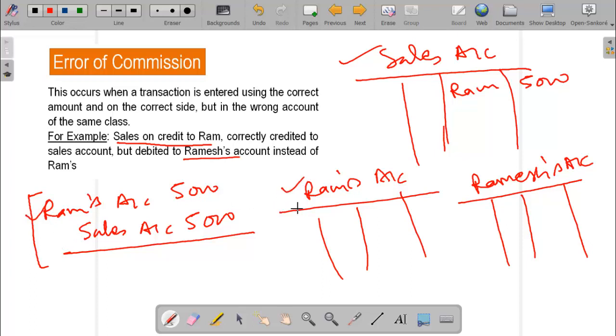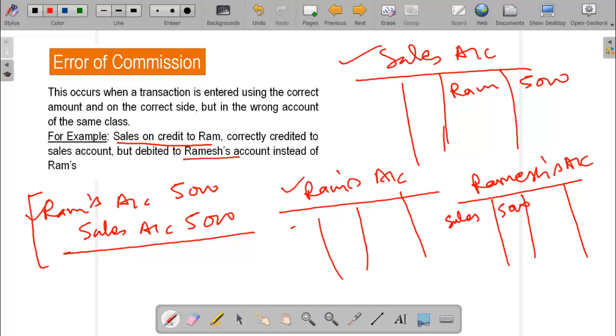But instead I made posting on the debit side of the Ramesh account, 5000. So this is called error of commission.